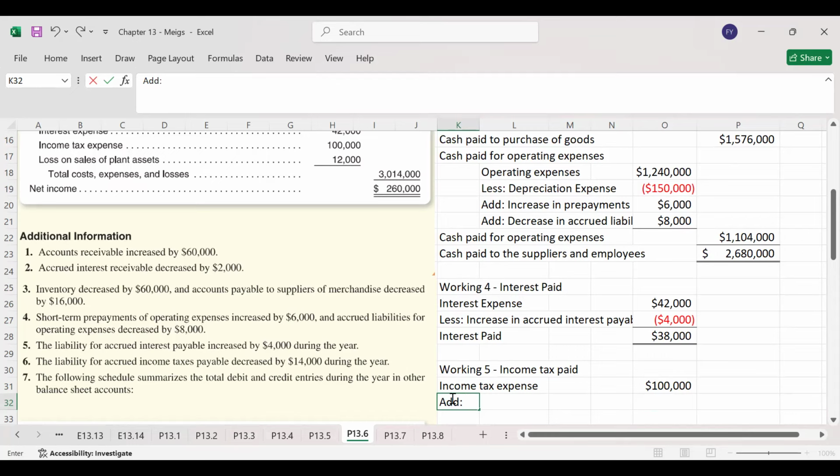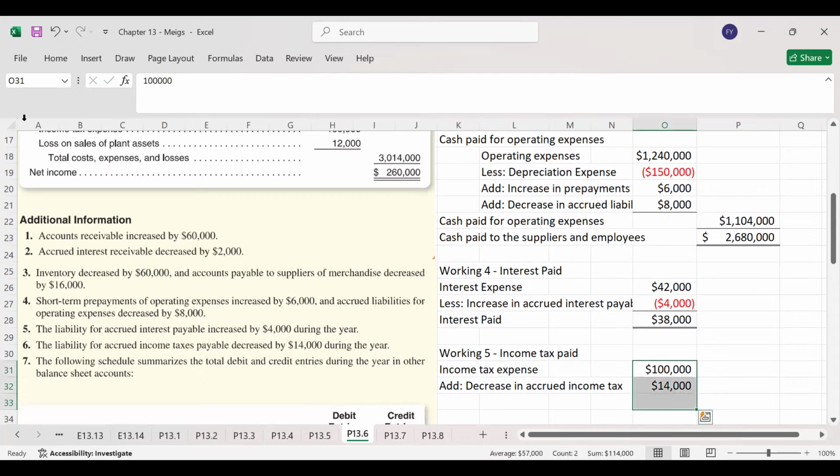So in the next step, we are going to add any decrease in income tax payable. How much is the decrease? It is 14,000. So add $14,000.